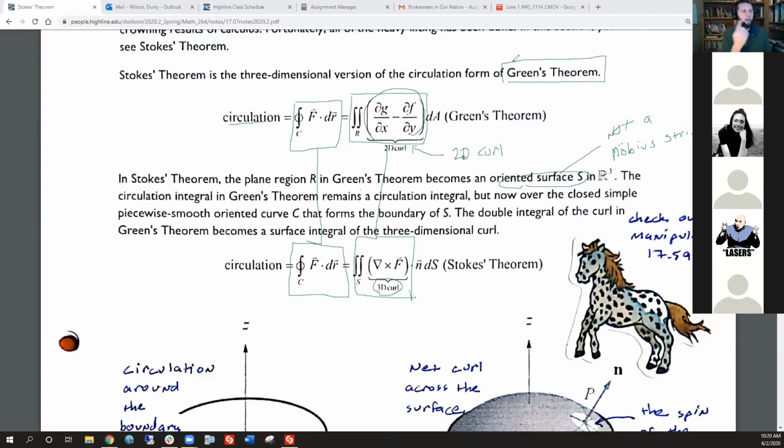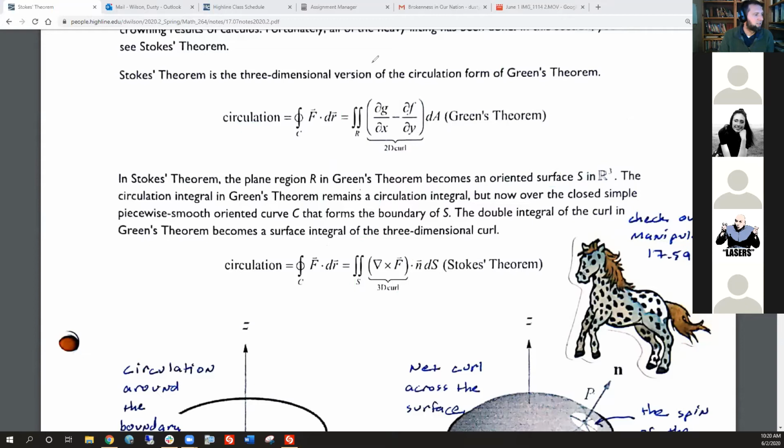This is just right at a single point, like how much eddying is happening at a point. What we care about in all that is the normal component to the surface: how much of that rotation is normal to the surface? Because the rotation is happening in the field everywhere, but it doesn't all impact the circulation.